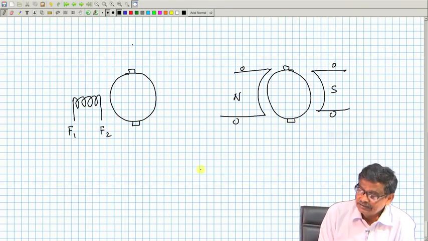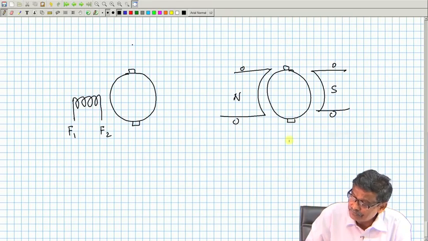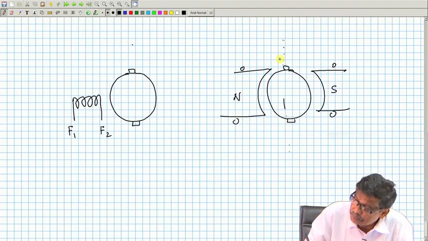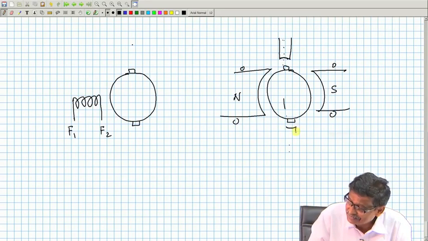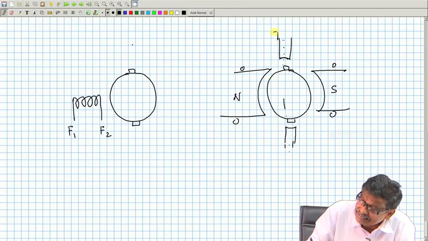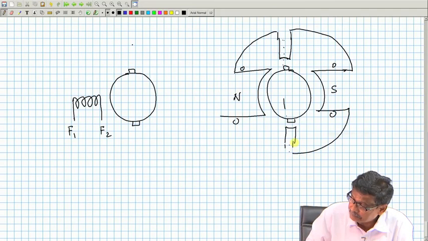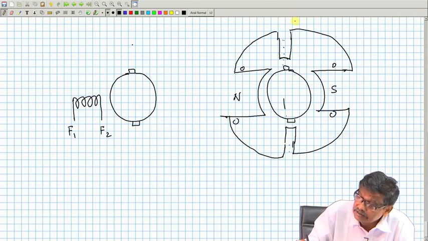Now, what you do is this, in this interpolar zone, that is along the q axis, you produce some small poles, thinner poles, very small width. And that is how your stator will look. This is the yoke.